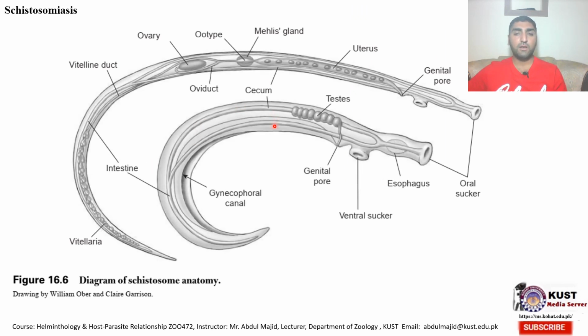I think we already have discussed these structures in detail, but the diagram is here, so we will explain the diagram. This is the male schistosome, and this is the female schistosome. We have already discussed in the previous lecture that there is a groove on the ventral side of the male, known as the gynecophoral canal, where the female normally lives.